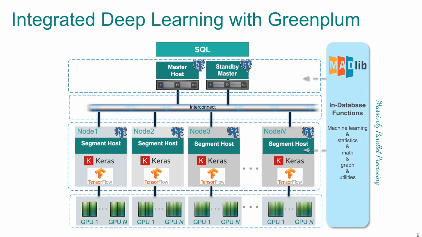Just have a Greenplum database set up, and if the machines that the database is installed on have Keras, TensorFlow, and GPU, then MADlib 1.16 can be used to run deep learning modules. If you don't have GPUs in either Greenplum or Postgres, you can still run deep learning modules. It's just that it'll be using CPU and it won't be fast enough.